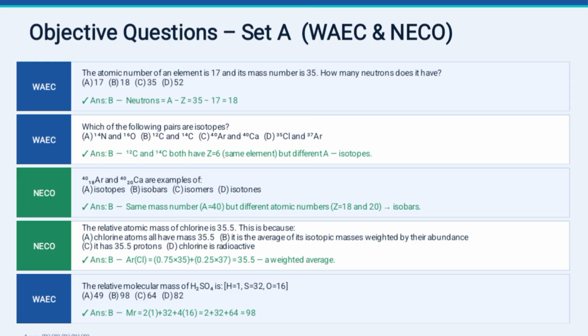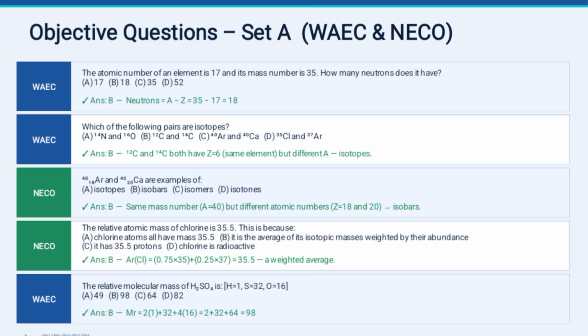It is the average of its isotopic masses weighted by their abundance. I have explained it the other time that the relative atomic mass of an element is the average mass of its various isotopes as they occur naturally in any given quantity of the element.